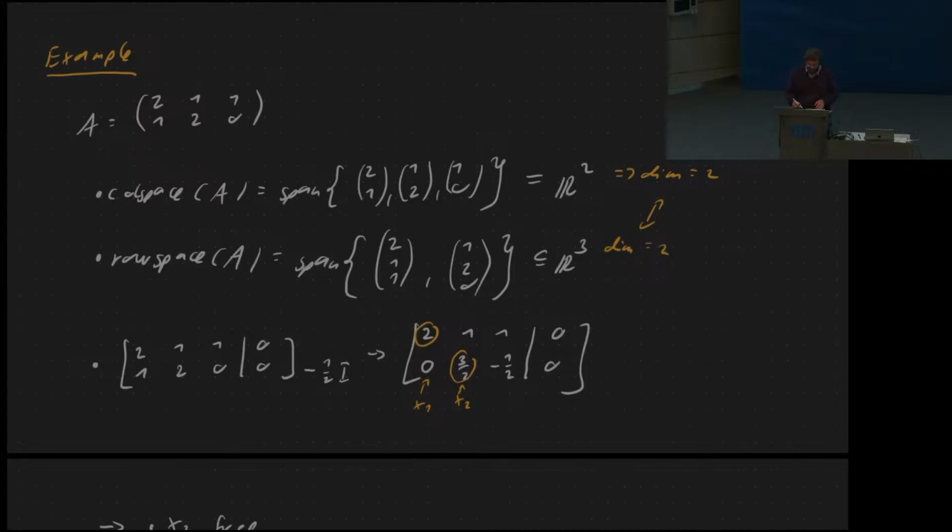And in this case, you can hopefully see that it is 2, because those are linearly independent. One thing that you can prove is that the dimension of the column space and the row space is always the same. The reason for that basically is that you have the same number of pivot elements, no matter which space you look at.